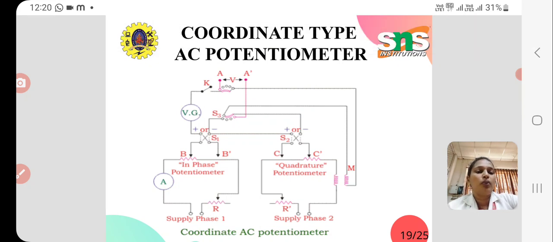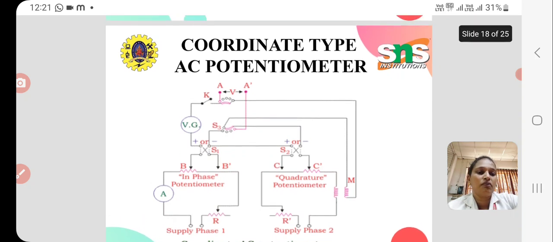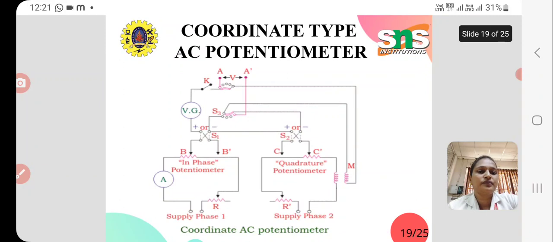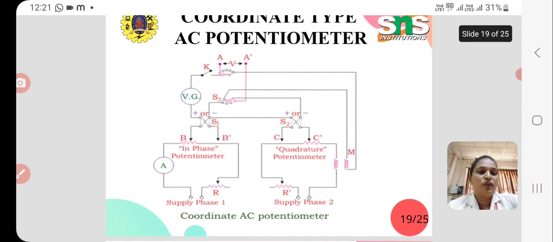Both V1 and V2 are made to plot at all four quadrants by changing the sign switch position from plus to minus. The sign switch for the in phase voltage is S1, and the sign switch for the imaginary phase is S2. And we have a dial S3, which has 4 steps for operating on all 4 quadrants.